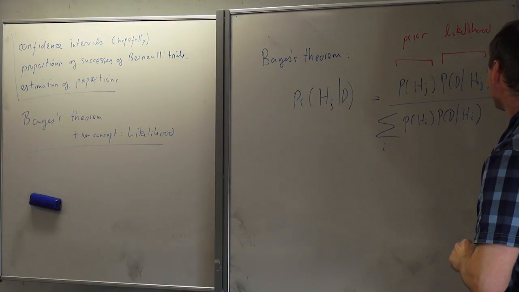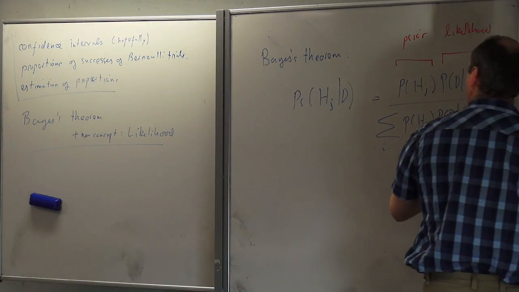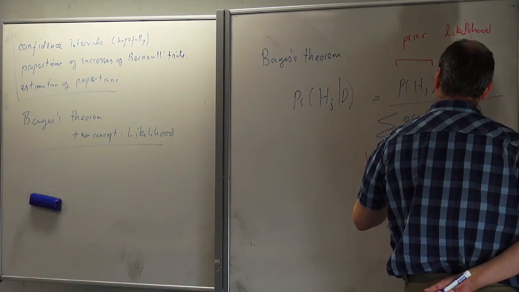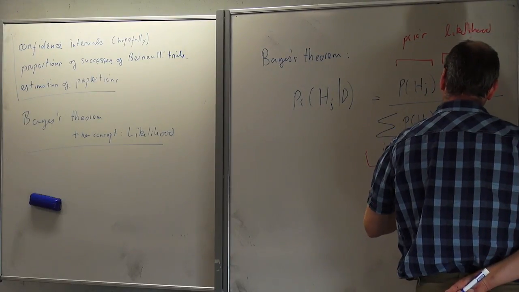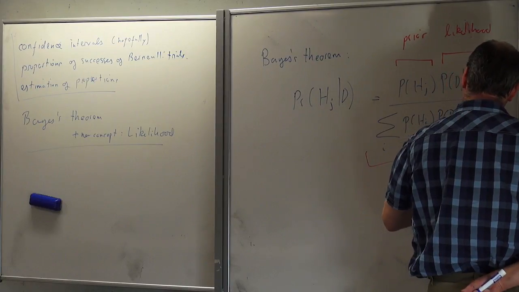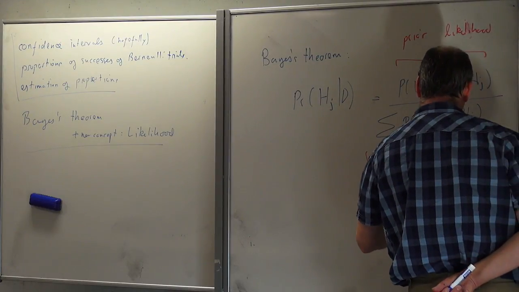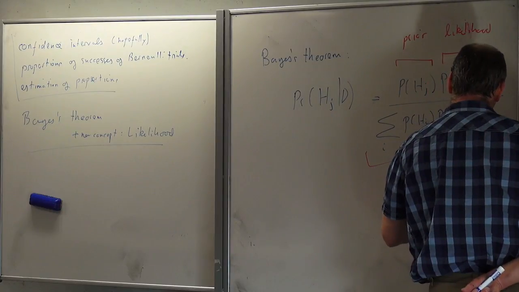So there's the denominator. And the denominator here ensures that the posterior probabilities sum to 1.